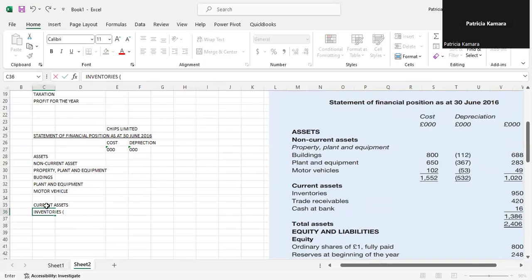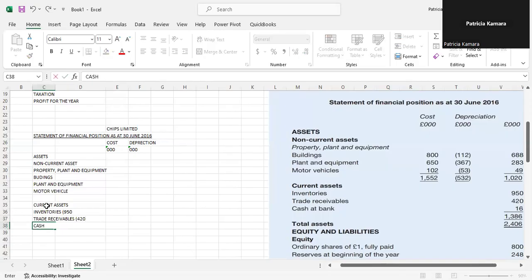So these ones, we have to bring the figures so that if there are any adjustments, we will just post them to the accounts. We have trade receivables. Remember what we said about inventory, IAS 2, accounting for inventory. Trade receivables, we've been given it to be 420.